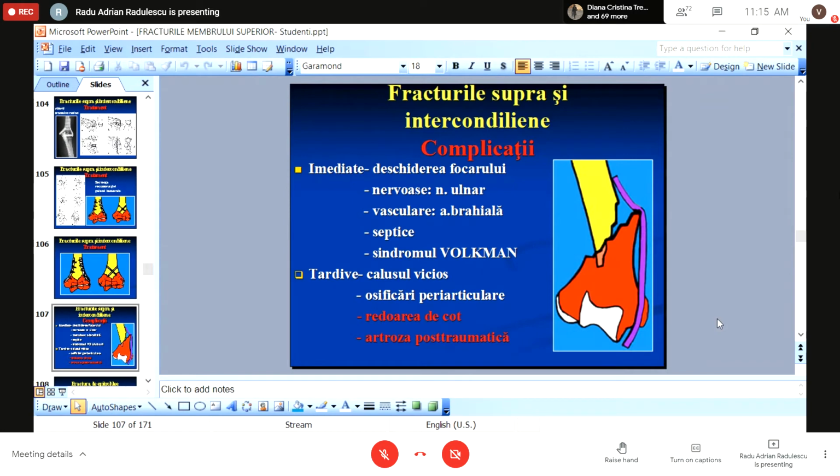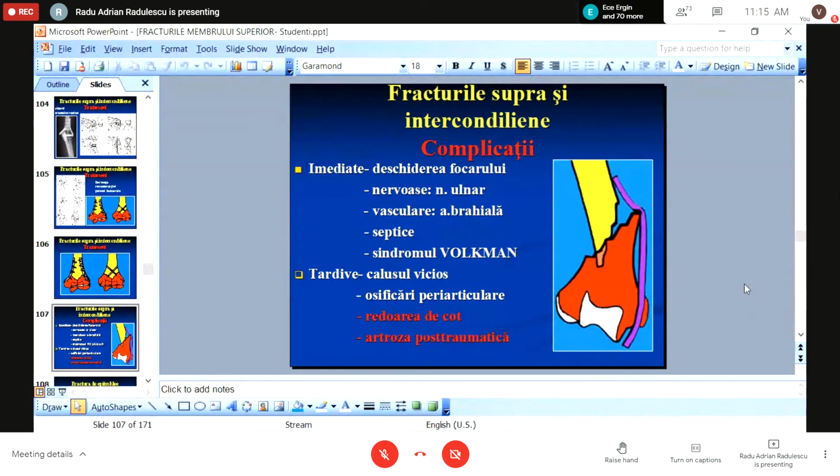So this complication can be avoided by starting the physical rehabilitation very gently, not by very brutal maneuvers, in order to avoid this bleeding at the level of the soft tissues.